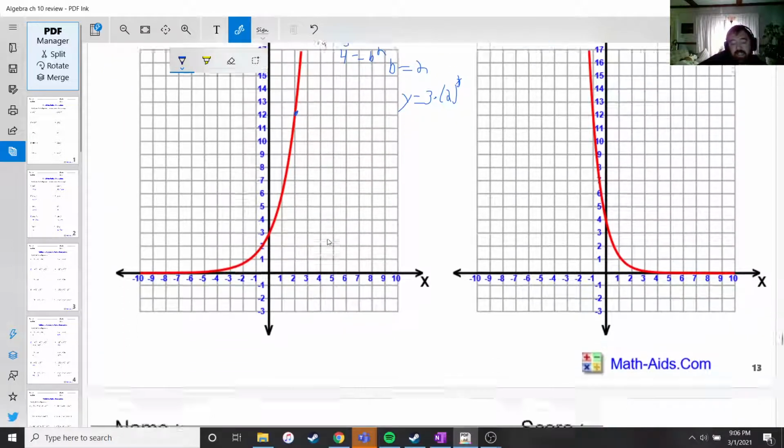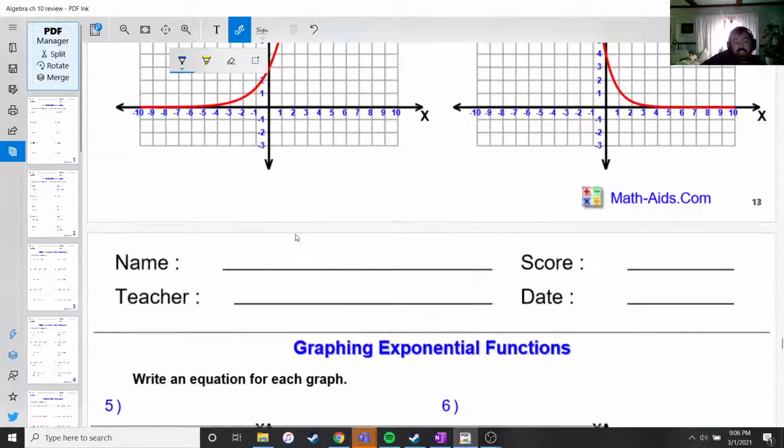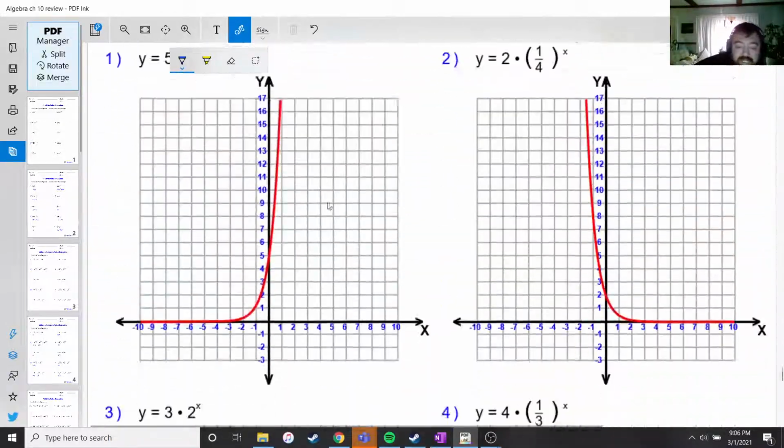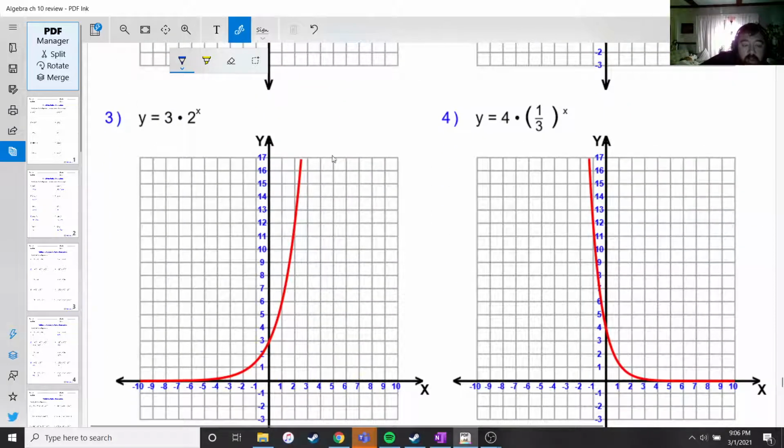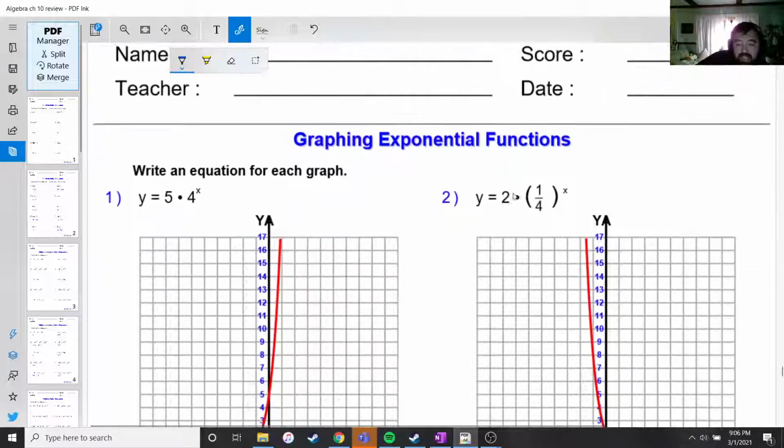Now, this kind of stuff's not going to be in your test. It might ask you to identify whether or not a graph is decaying or exponentially growing. But you kind of get the point here.